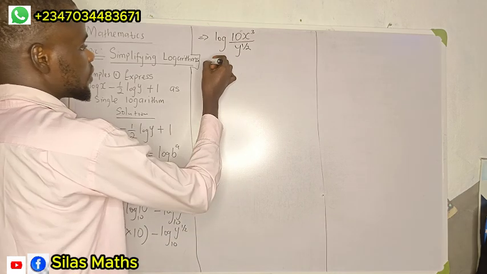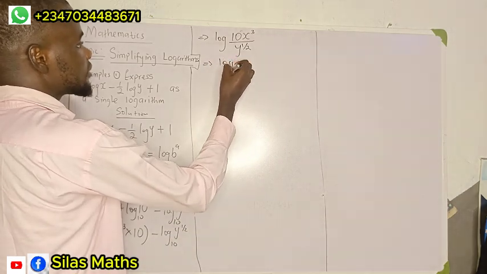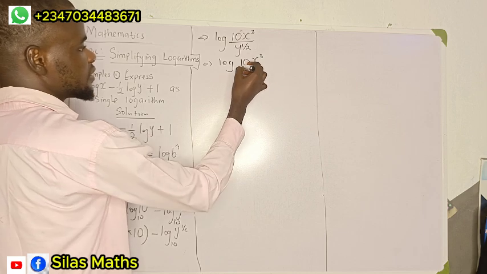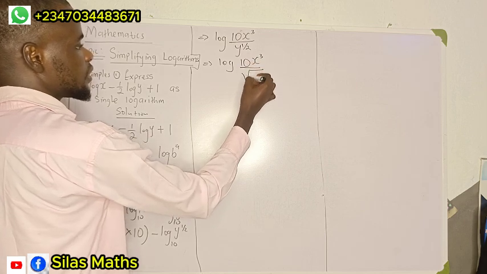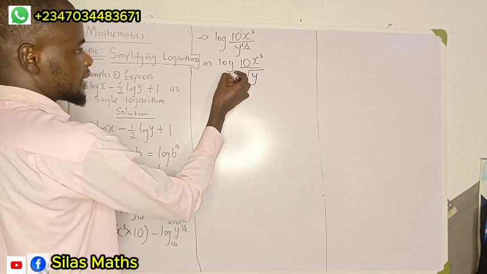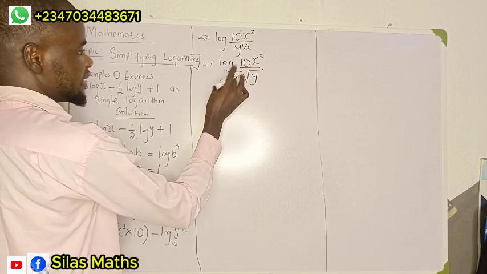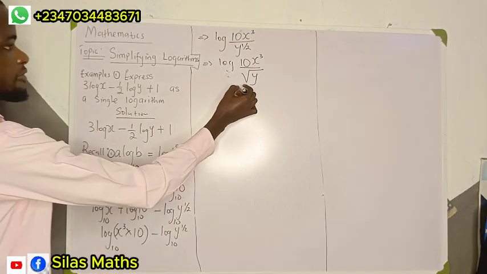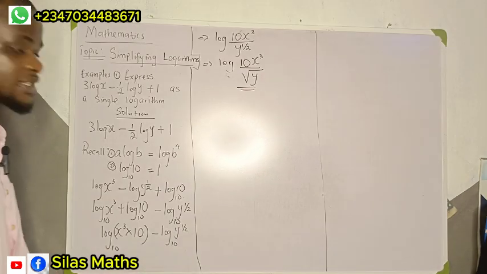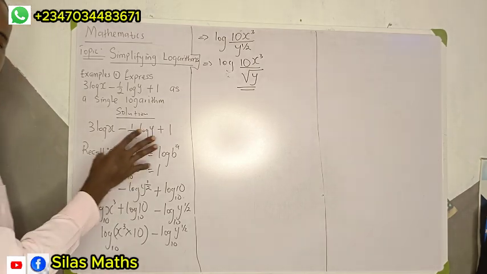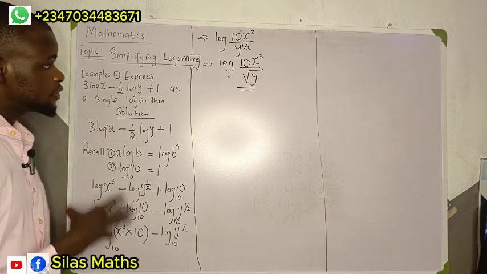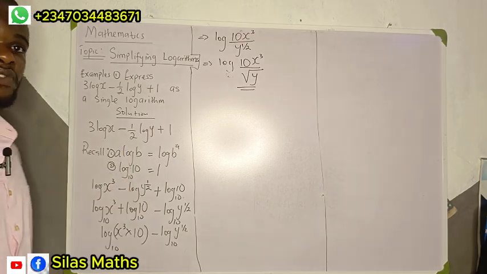So this is equal to logarithm of 10x to the power of 3 all over square root of y. And remember that our base here is base 10, so we must not write the base, but this is base 10. So this is our final answer for this problem. Take a look at the steps one after the other, gradually. If you have any question, drop it in the comment section for this first one.